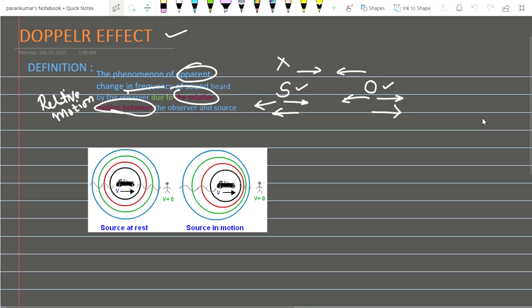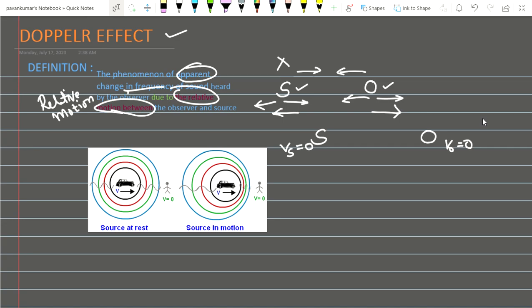Let us consider a source of sound and an observer. Let us suppose the source of sound is at rest, that is, the velocity of the source of sound is 0, and the observer is also at rest, that is, the velocity of the observer is also 0.